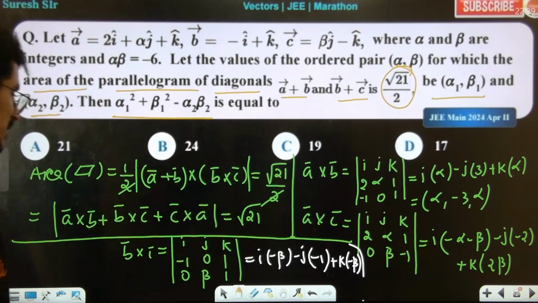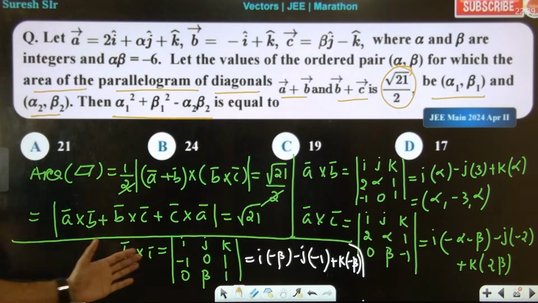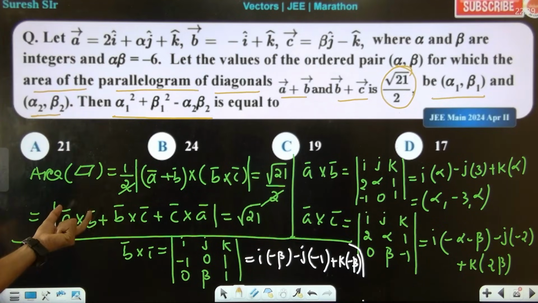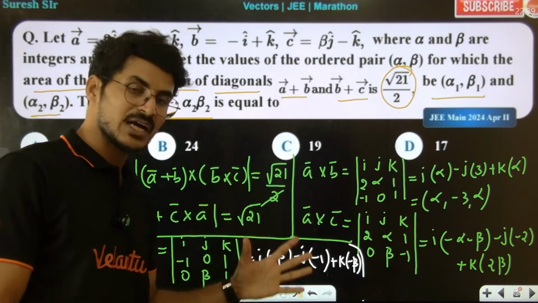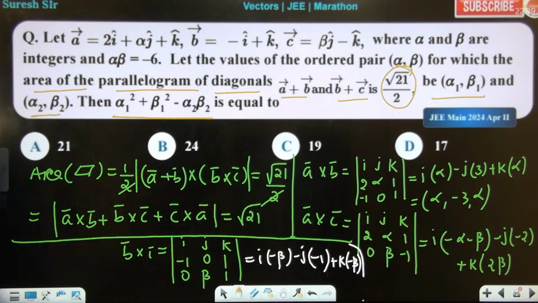Yes or no? This is what B cross C. So now summation of all this we have to do. This plus this, what will you get? Our magnitude is equal to root 21, sir.